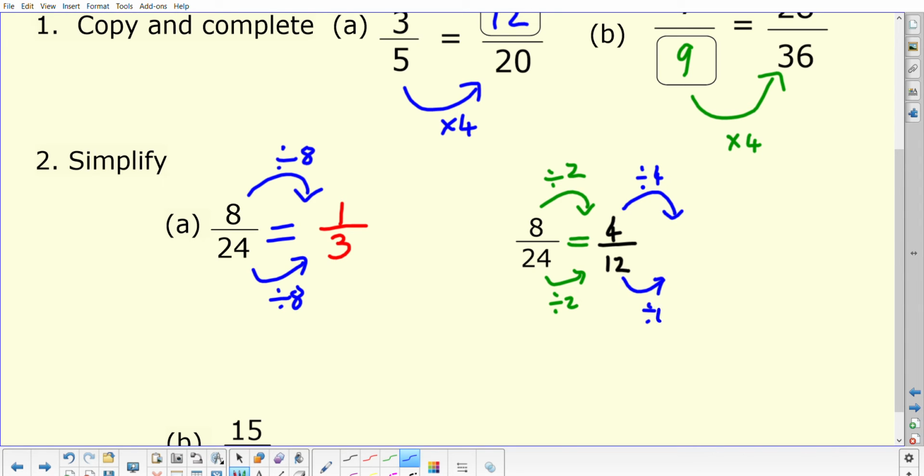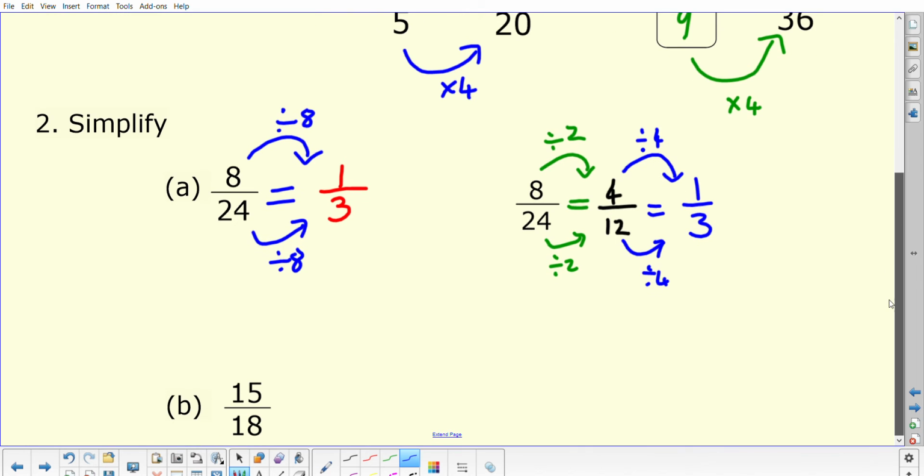And if you divide by 4, you will get to the same answer of 1/3. And it's the 1/3 that you need to get to, because that's the simplest form. There's nothing else that we can divide into 1 and into 3 that will make it go to any smaller numbers. So that's it simplified.